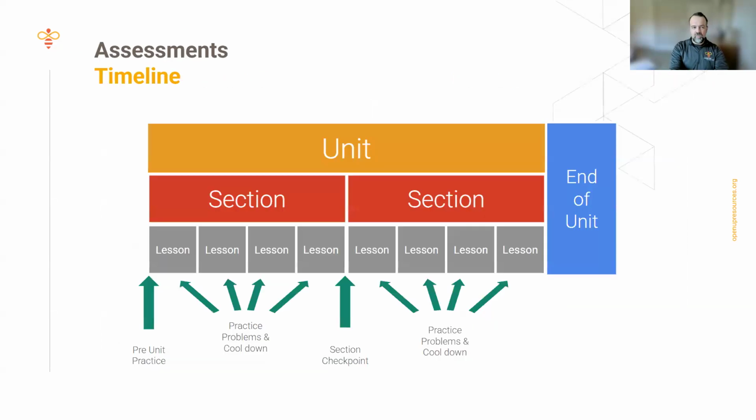Here's a visual of what assessments may look like in any given unit. Down at the lesson level, we'll have practice problems and cool downs. You'll see on this timeline how those lessons are broken up into sections, with maybe a section checkpoint, and then the end of unit assessment for the entire unit itself.